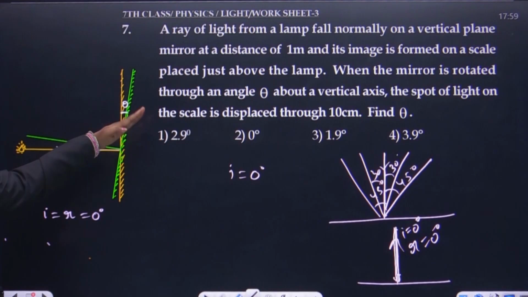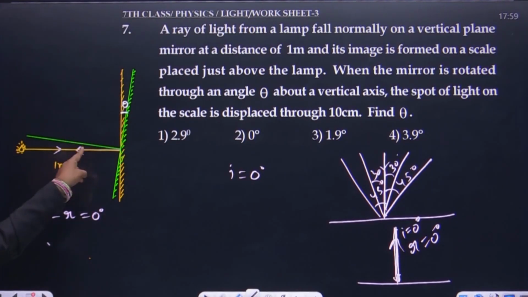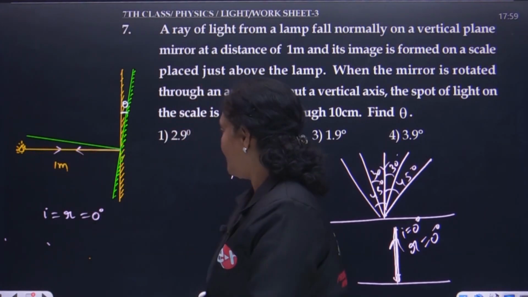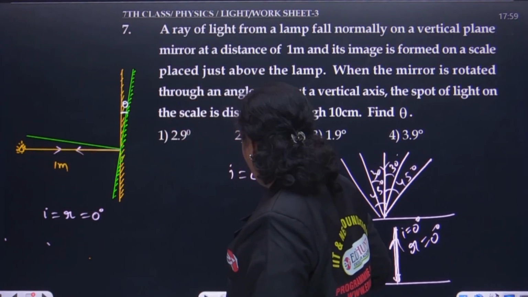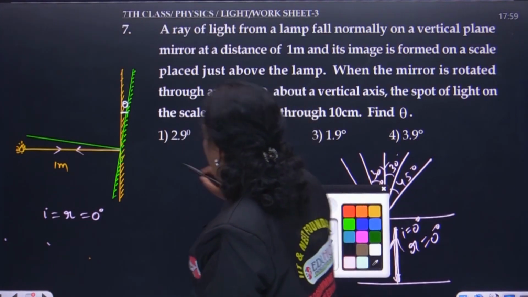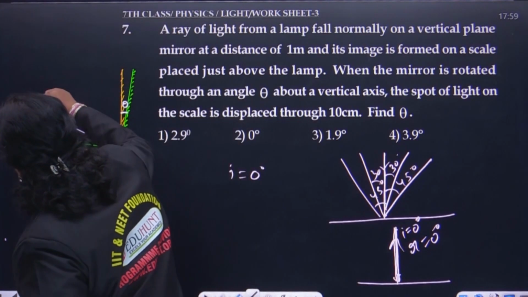So, as the mirror is shifted by an angle theta, of course, the normal also shifts by an angle theta. Whenever the normal shifts by an angle theta, with the initial incident ray remaining the same, the reflected ray now passes in this particular direction.